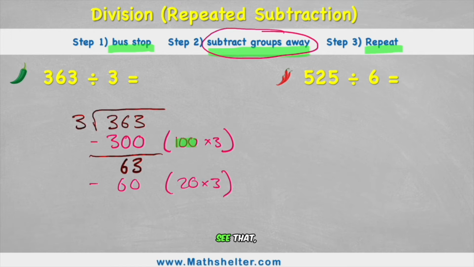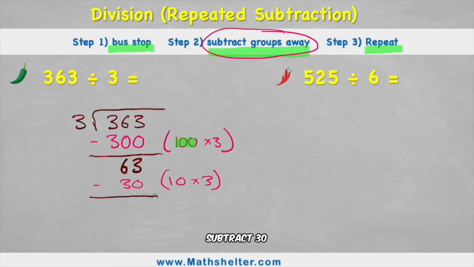Or if you couldn't see that, let's do it in a smaller stage and let's just take away one group of 30, which we know are 10 lots of 3. And 63 subtract 30 leaves me with 33. And again, here I can see I can just take away another group of 30, which is another 10 times 3. And that's going to leave me with 3.